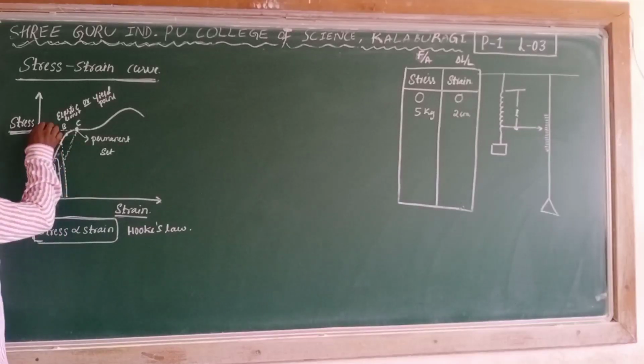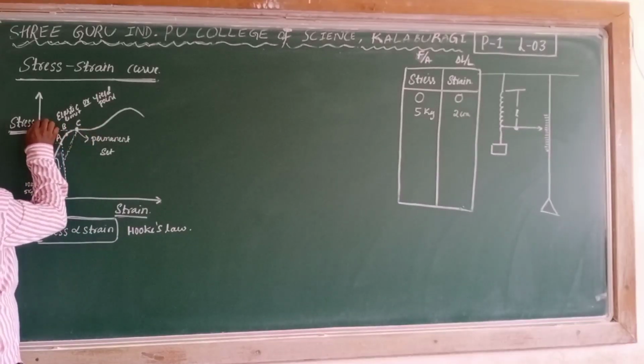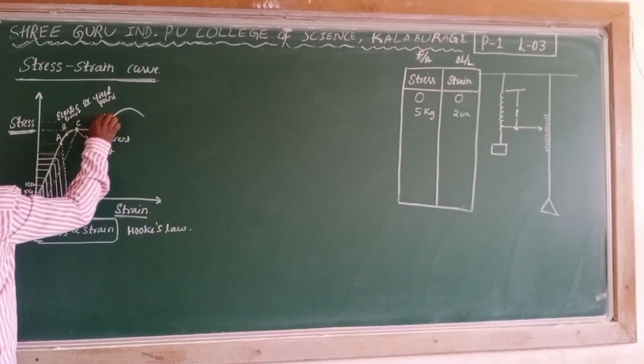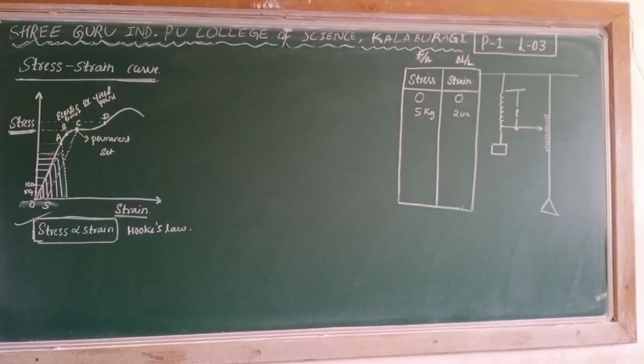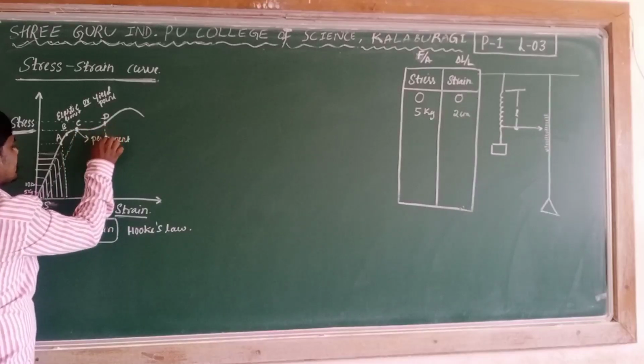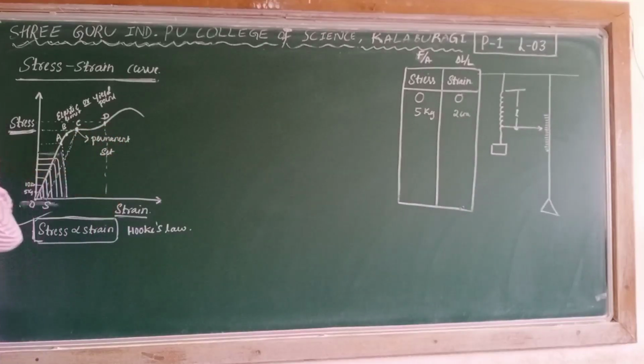Again we apply a certain stress on this steel rod and the strain develops. Let us consider that point is D. A small stress is applied, a very large strain is developed on this steel material, which is converting into a ductile material.